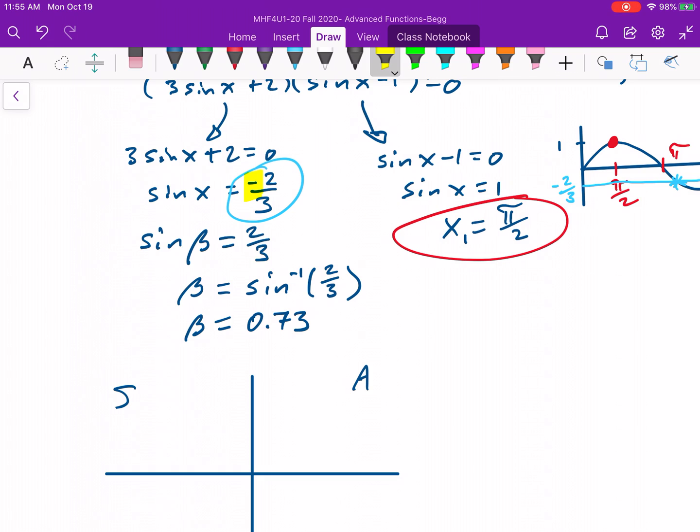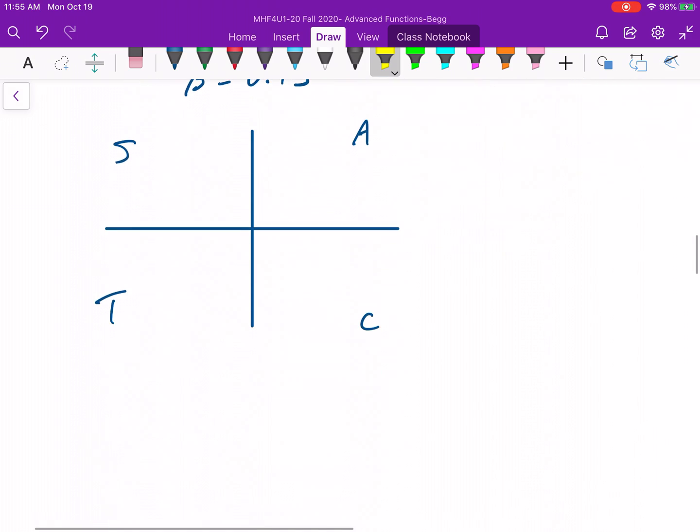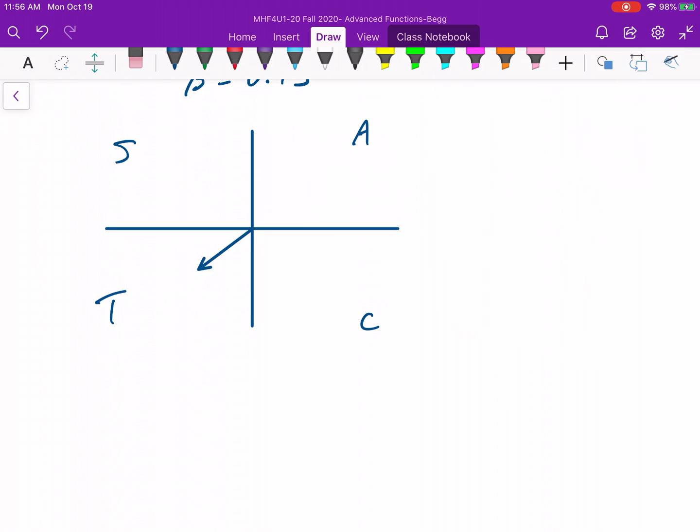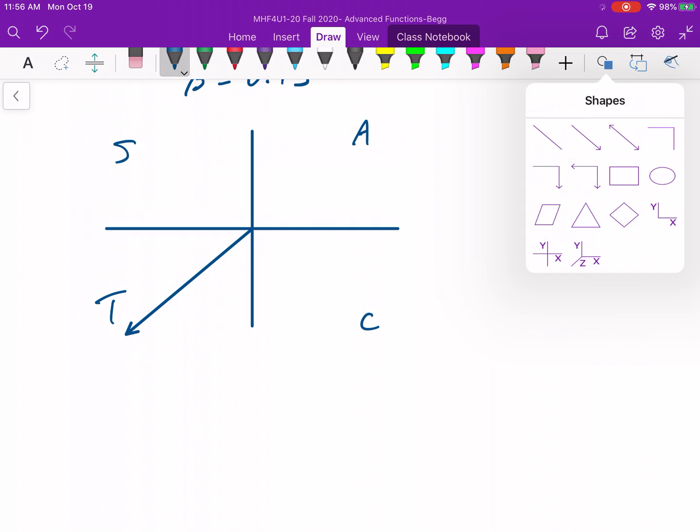But it matters because it tells me which quadrants to put that 0.73 angle in. And being a negative sign, sine is positive in quadrants 1 and 2, so it's going to be negative in quadrants 3 and quadrant 4.